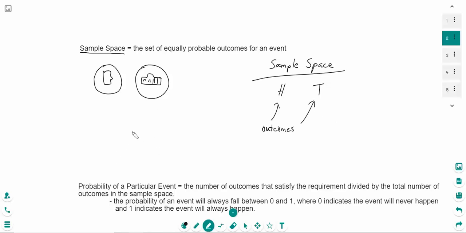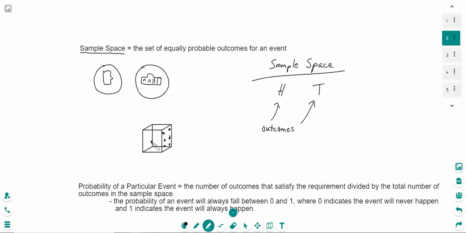All right? If I had a dice, now that's a little bit of a different story. What would the sample space be for a dice? So, or I should say a die if I've got it in singular. So here's my die, and I don't know if I can even draw anything on here, but you've got your sides, right?